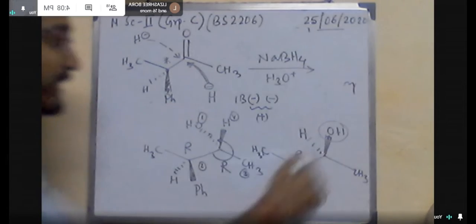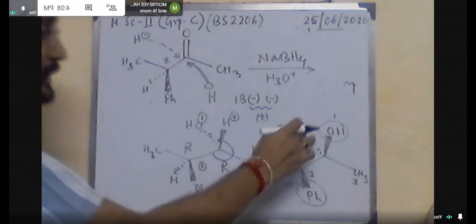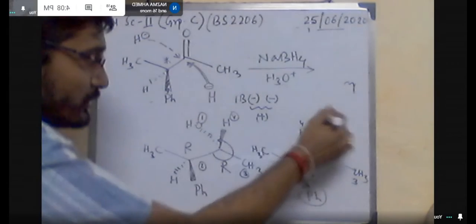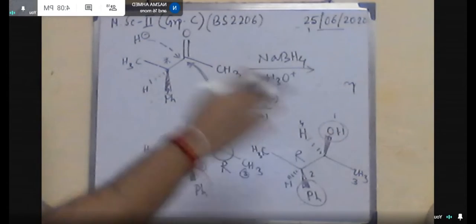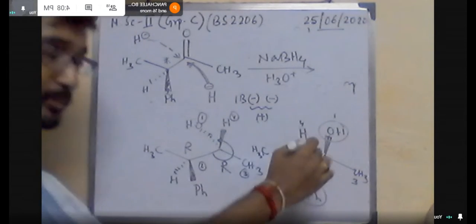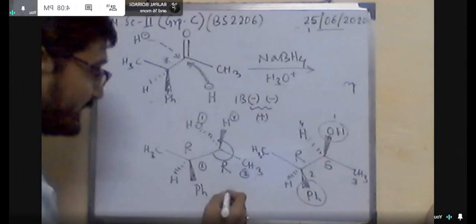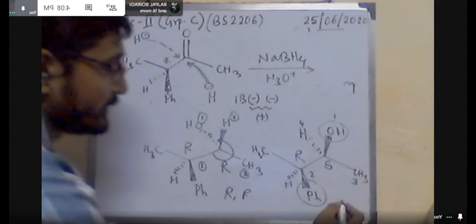So after the completion of the reaction, it can generate the new chirality in the molecule. So that is the prochirality or the prochiral center, and this is the major and this is the minor. An example of diastereoselectivity.